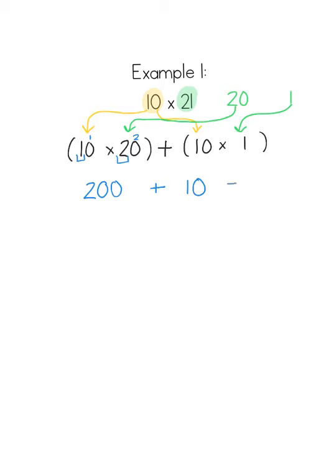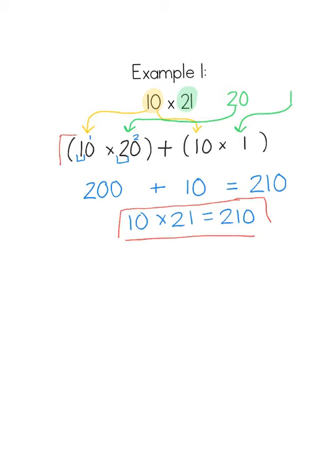And then when I add them together, I get 210. So 10 times 21 equals 210. And these parentheses is how I would write that problem using the distributive property.